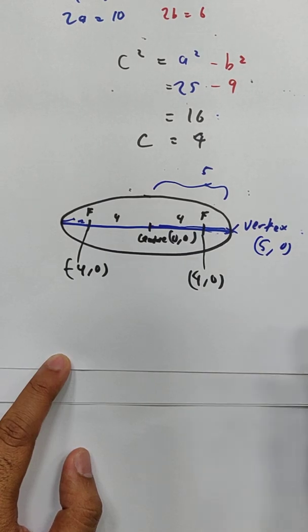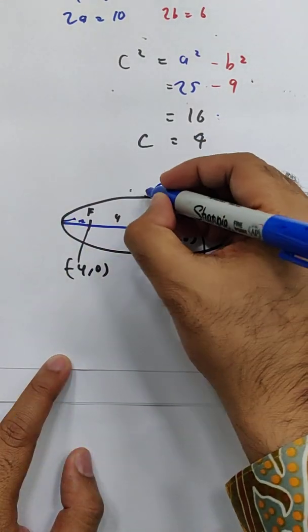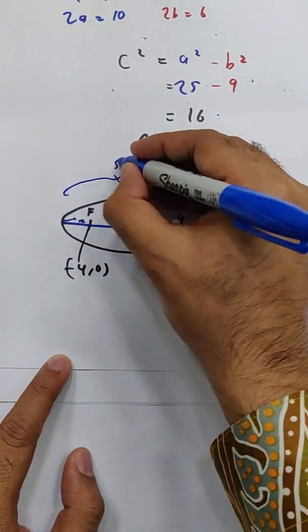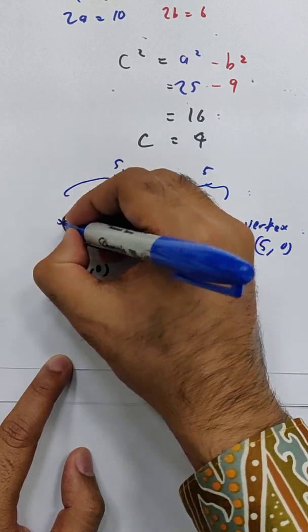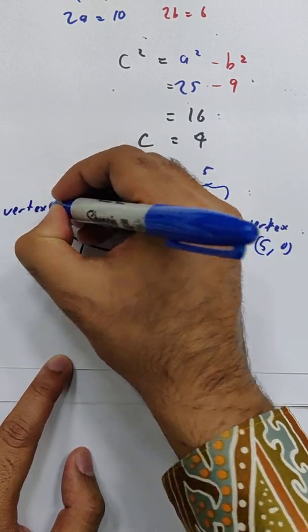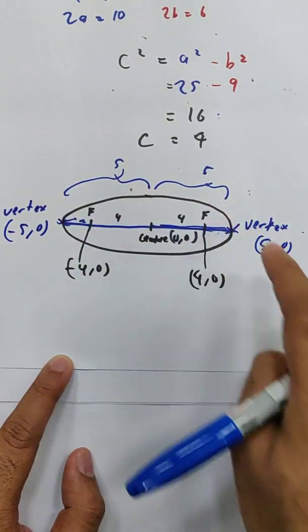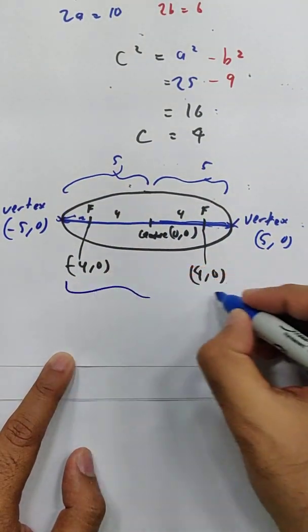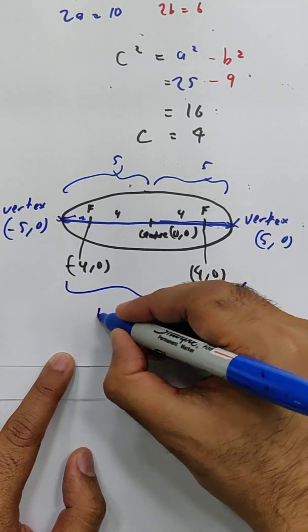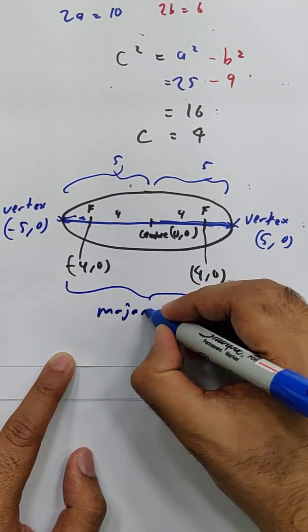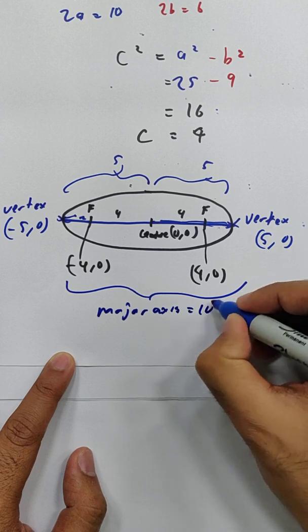Just be careful, you'll be fine. What about here? Same as well, 5. The vertex here, negative 5, 0. What's the length of the major axis? Major axis 10. Are you okay?